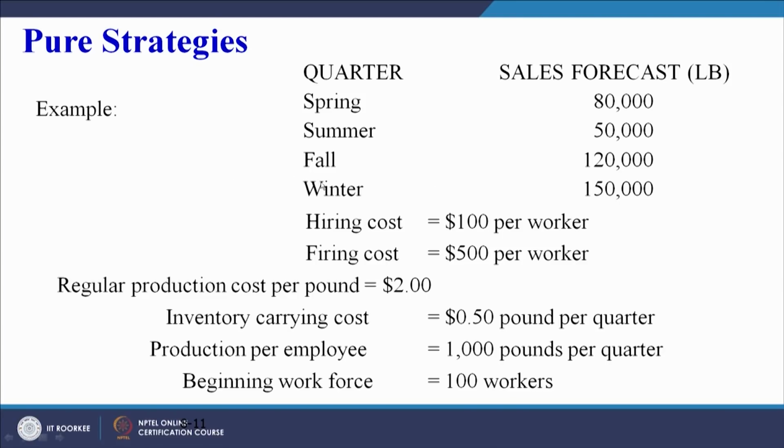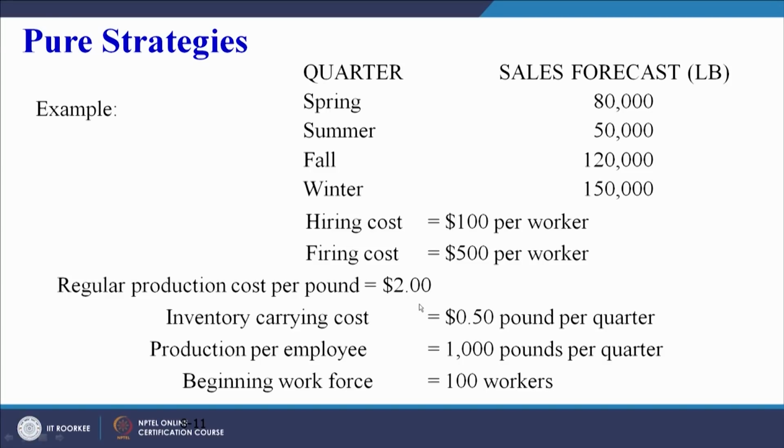Two things you can see here which I have already highlighted. We must have a demand, and here we have a sales forecast on a quarterly basis. We must also have the cost data: hiring cost for a worker, firing cost for a worker, regular time production cost per pound of the product produced, because the forecast is in terms of pounds, 80,000 pounds.